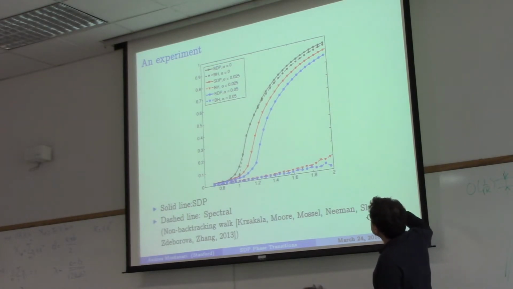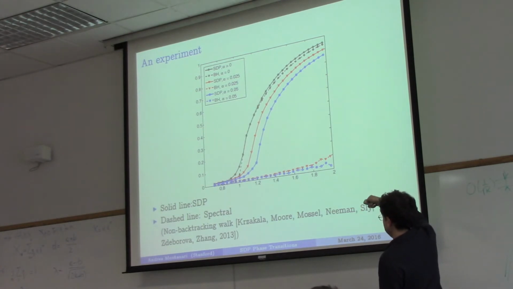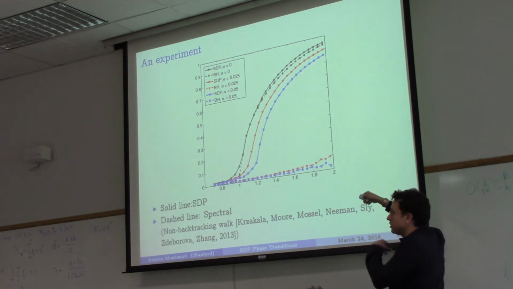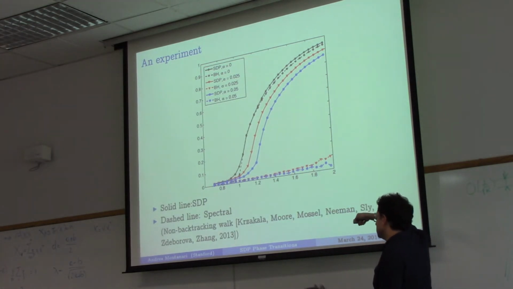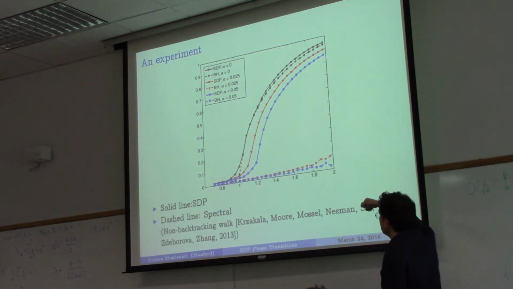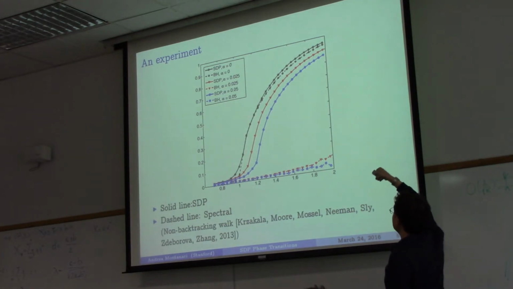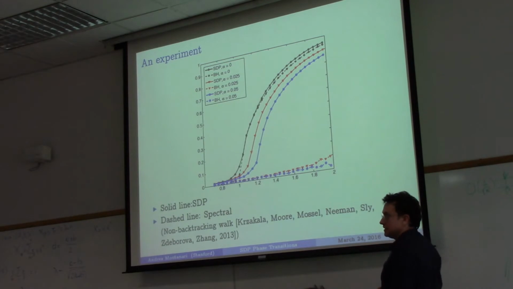So the black line is the original model, and this is the overlap versus lambda. What we simulated here is the SDP performance, and the performance of one of the spectral methods. Basically, it's equivalent to this non-backtracking work, and they both work beautifully, right? They both follow this curve and have the phase transition at 1, etc. Now I crank up a little bit of alpha. For instance, I put 2% of nodes that are these outlier nodes.